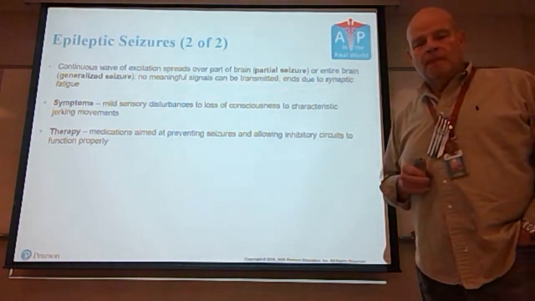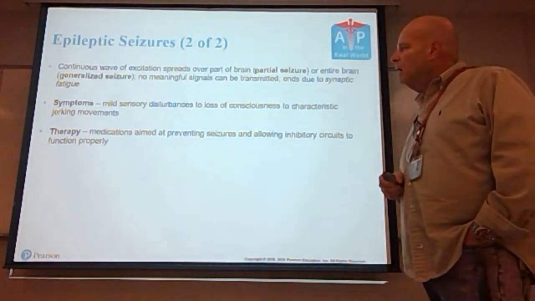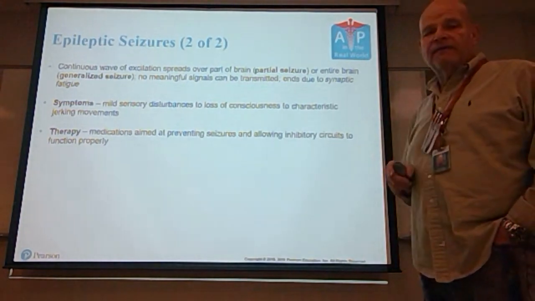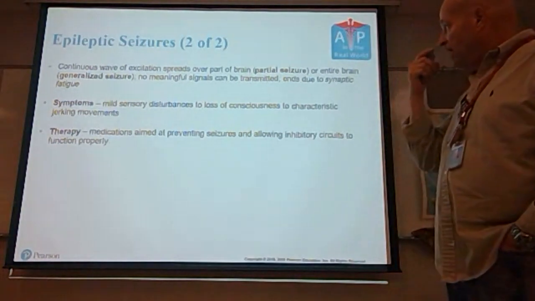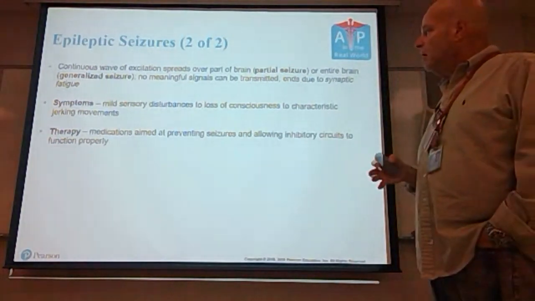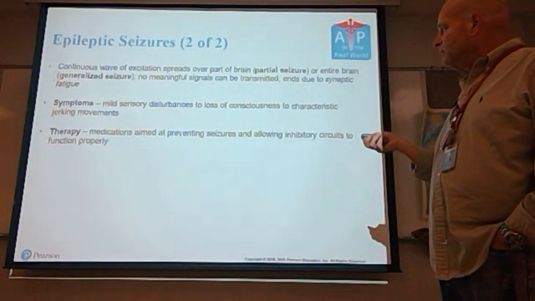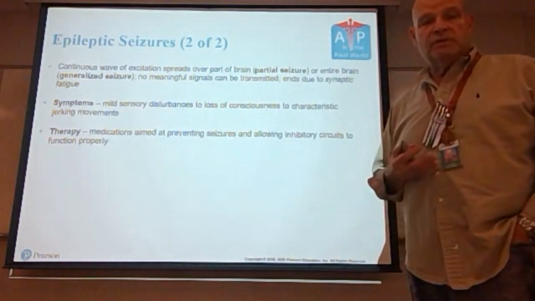I had a dog, lost him last December 20. So it's been almost a year, but for the last year and a half or so of his life he suffered from seizures. He would go into one of these seizures, his body would jerk. He would have mild sensory disturbances, the loss of consciousness. He would barely be conscious when this was going on.